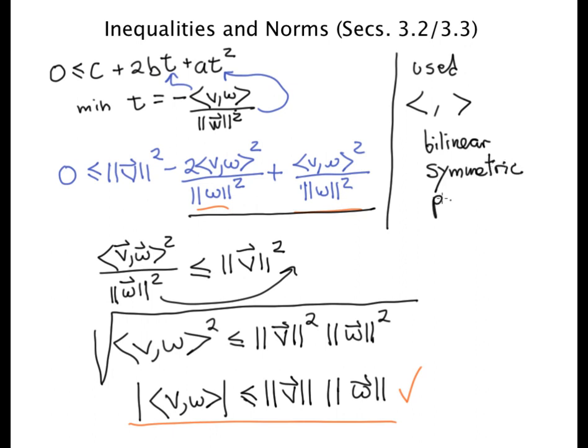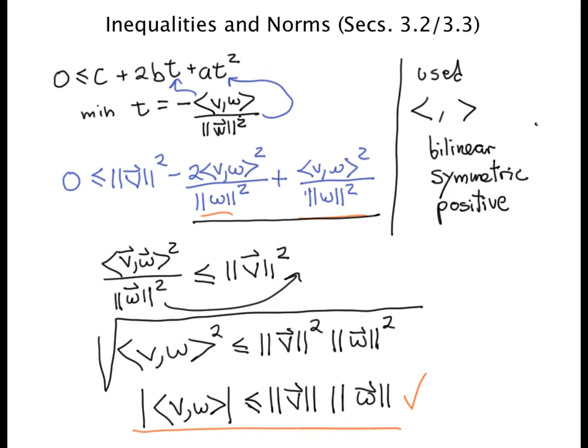Well, and of course also positive. I used that at some point. So the important thing is that we proved the Cauchy-Schwarz inequality without using anything except for these three crucial properties of the bilinear form.